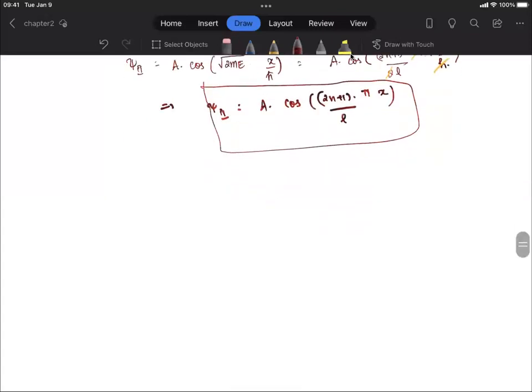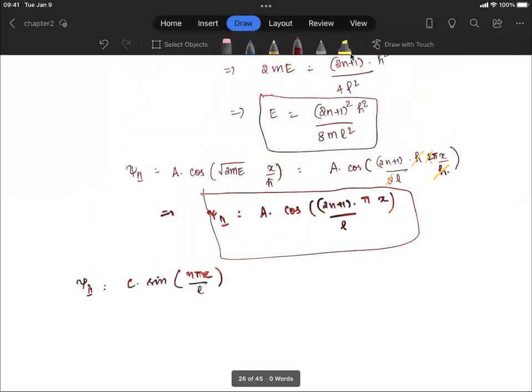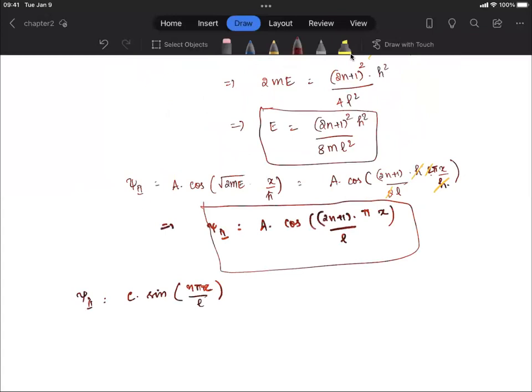Now the wave function for a particle in a box that is derived in the text was very similar to this, where you have a constant times sine of n pi x over L, right? So in this case, our n derived in the book is actually the equivalent of 2n plus 1 that we have here.